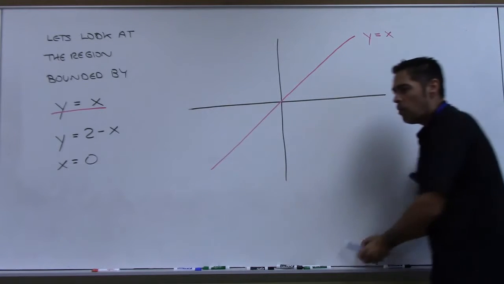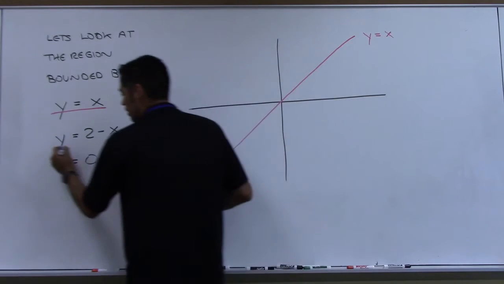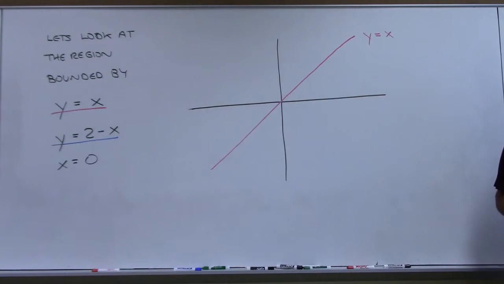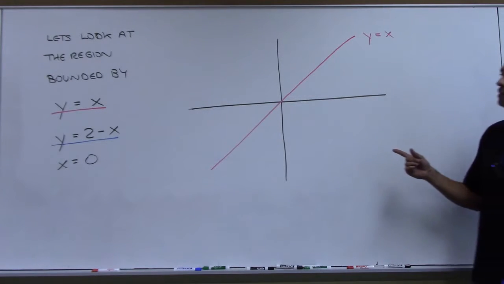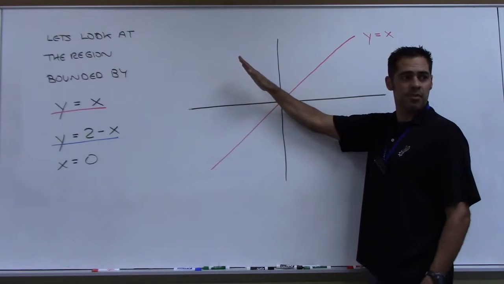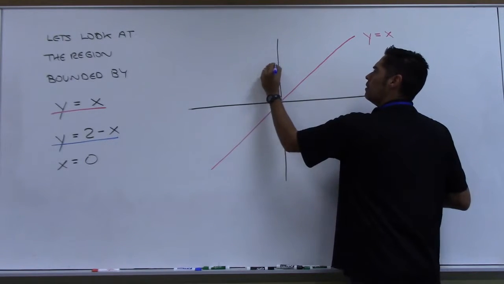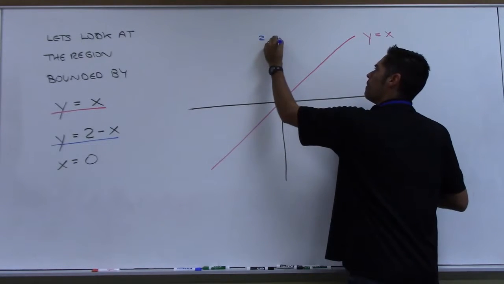Then we have y equals 2 minus x, which is another line. How do I draw it? It's negative x, but shifted up 2. So I have a y-intercept of 2, and then it goes down 1 over 1.